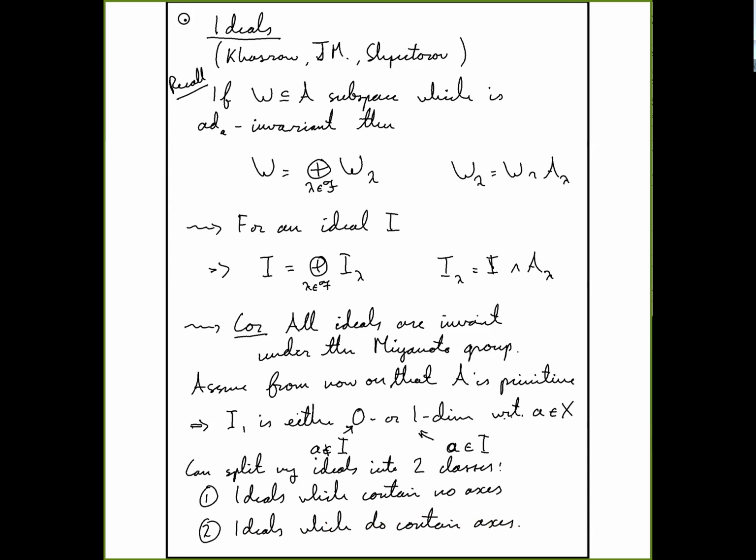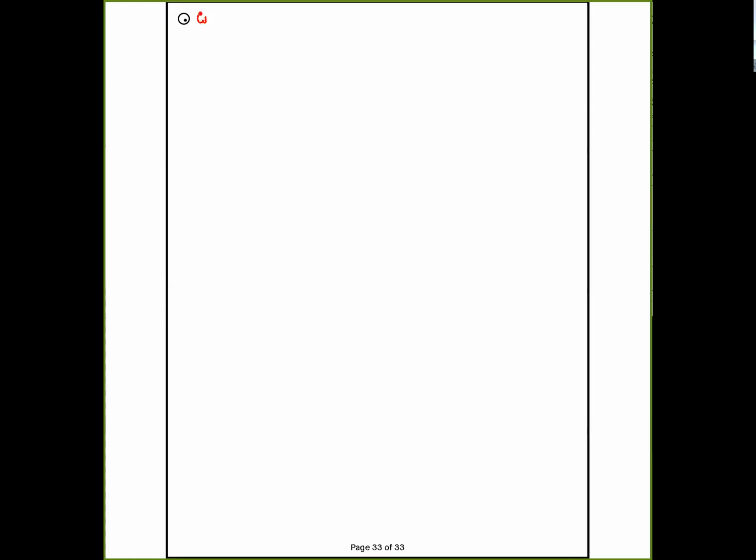Okay, so we could have made this split before, but actually it's this observation which is going to allow us to do this in a useful way. So we'll really see that these two types of ideals behave in a different way. So let me consider the first type of ideal.